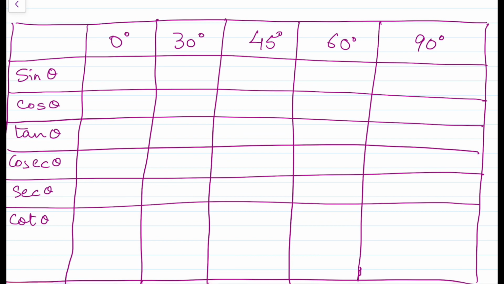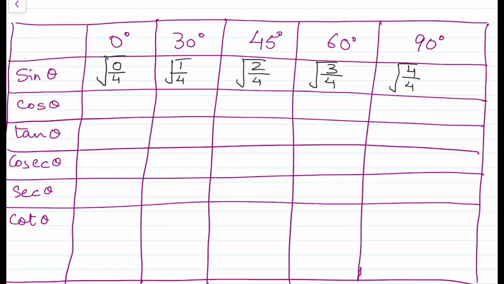So now let's start with the sine. You start with 0, 1, 2, 3, and 4. Then you write over 4, over 4, over 4, over 4 in all the cases, and then you square root it. That is all that you need to memorize, right?